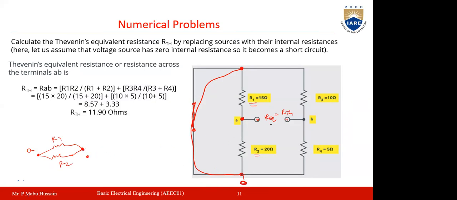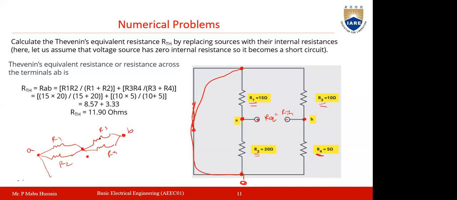In a similar way, this R3 and R4 are also connected in parallel. Those are also connected between this point B and the other point will be this 0 only. So here this R3 is connected in parallel with the R4, and here you are having the terminal B.